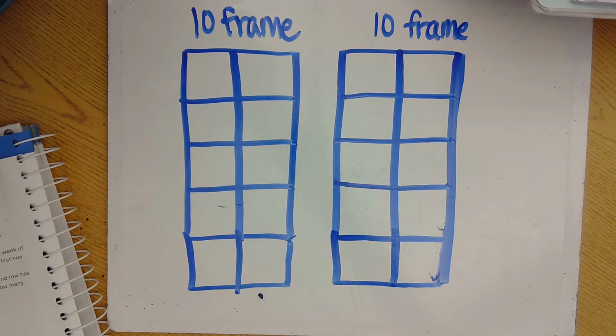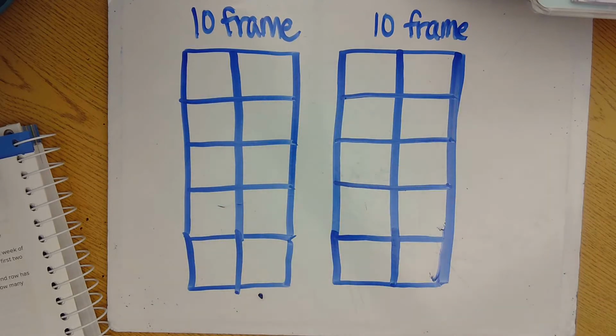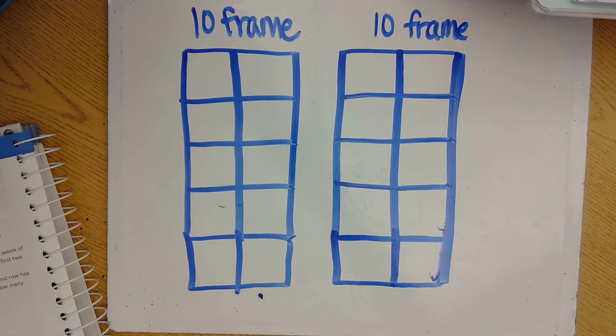A couple of things that I noticed when I looked at this is I saw here is a tens frame and here is a tens frame. It shows 10 squares plus 10 squares. I noticed that there are 20 squares altogether.